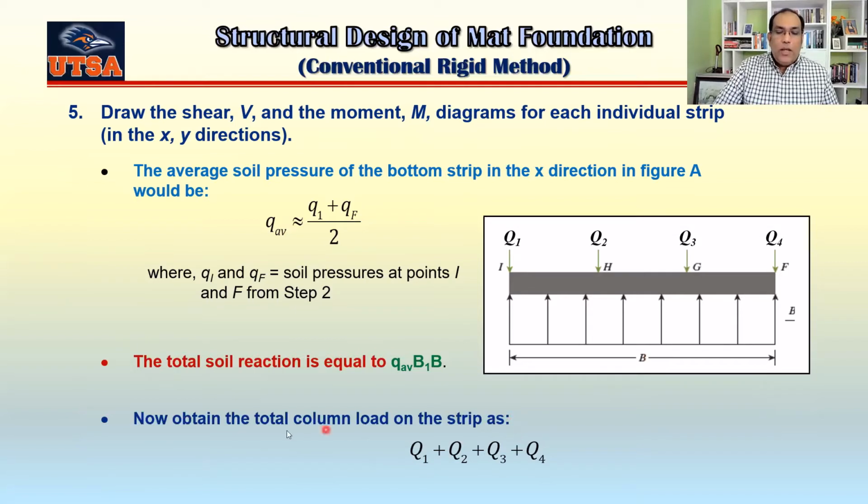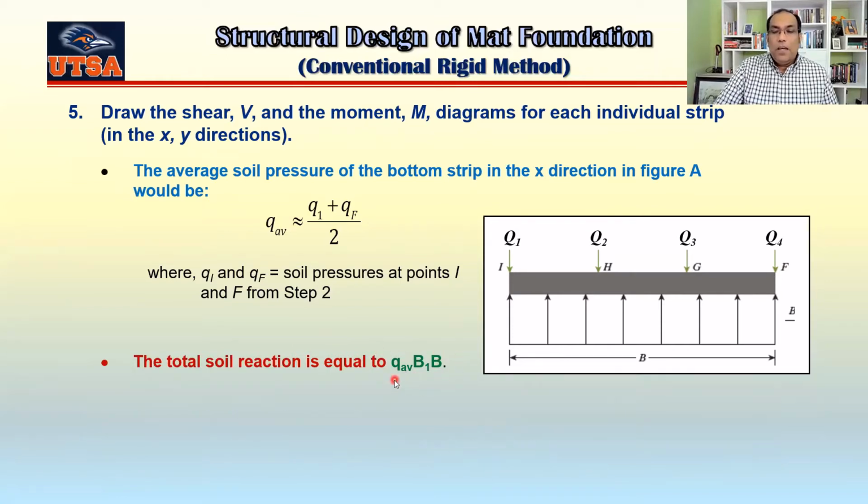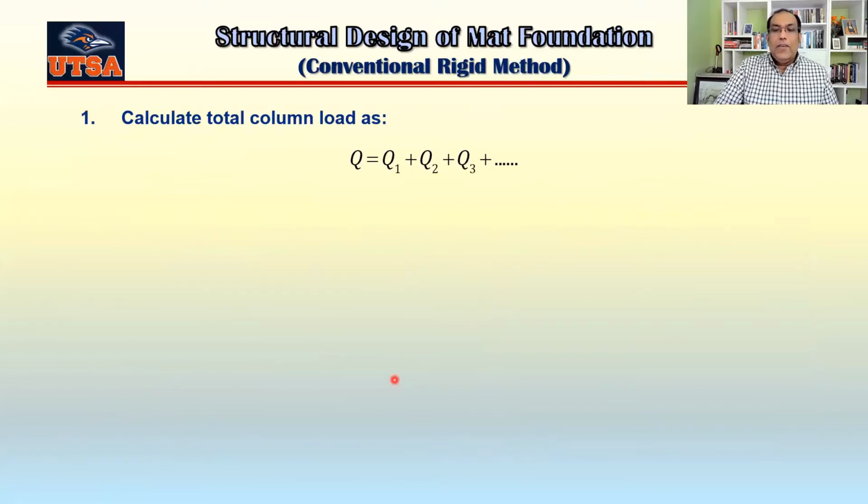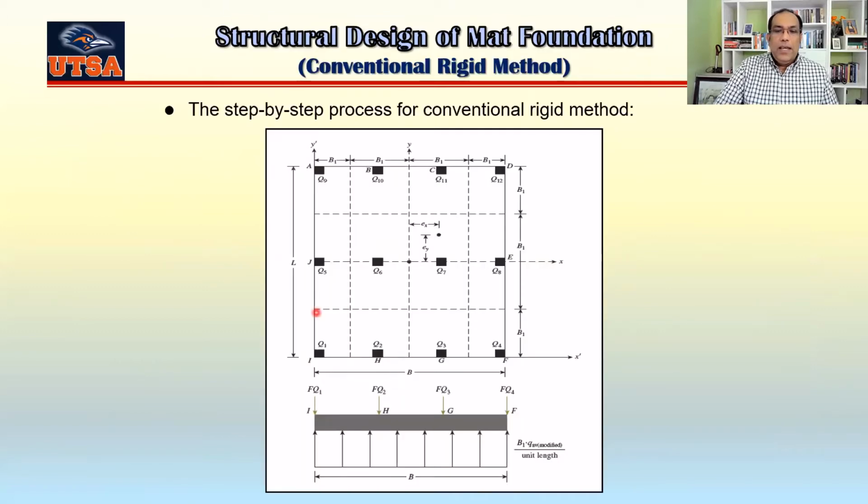Now you try to get the column loads on that particular strip, like Q1, Q2, Q3, and Q4. But what you will see is that the load coming from the top is not equal to the reaction. Why? Because if you cut a rigid member here, what components of reaction will you see? You will see normal force, shear force, and bending moment, right?